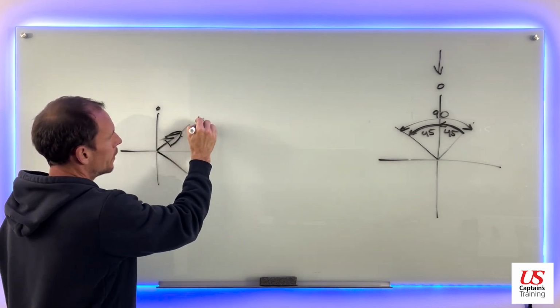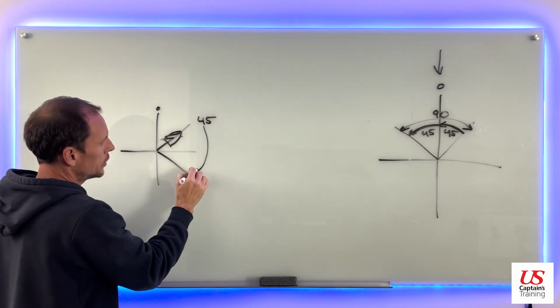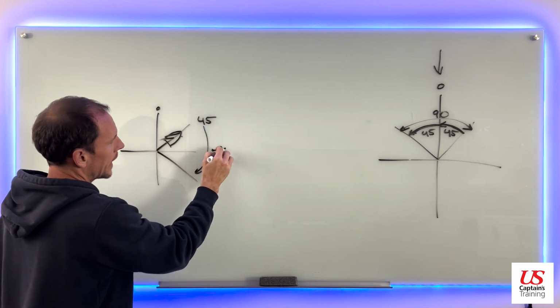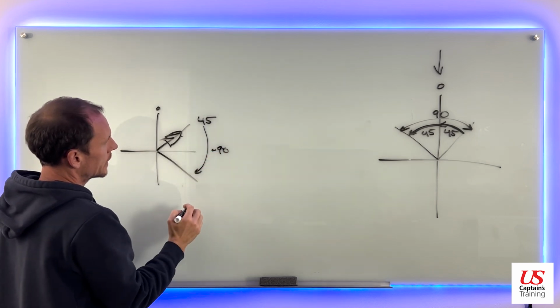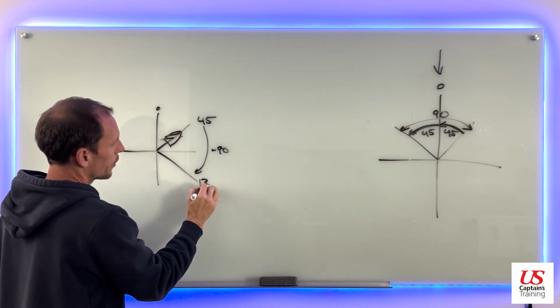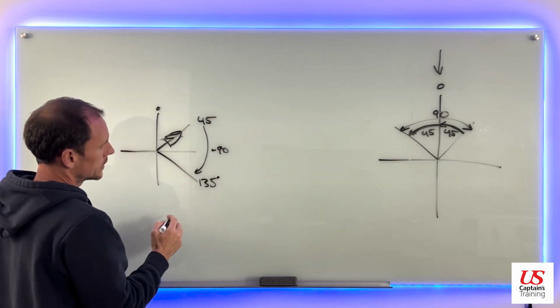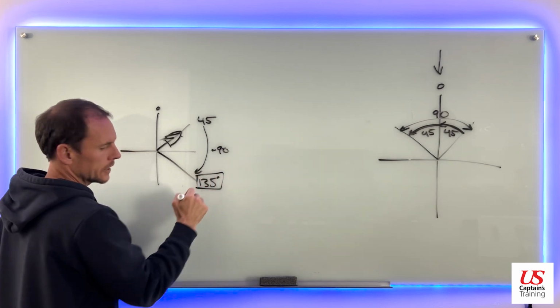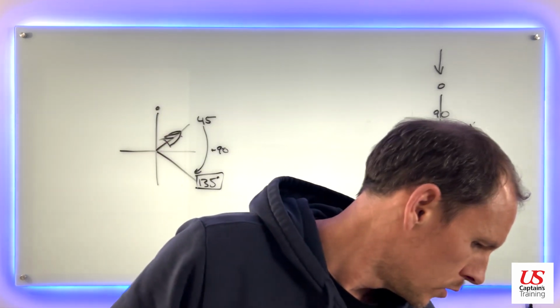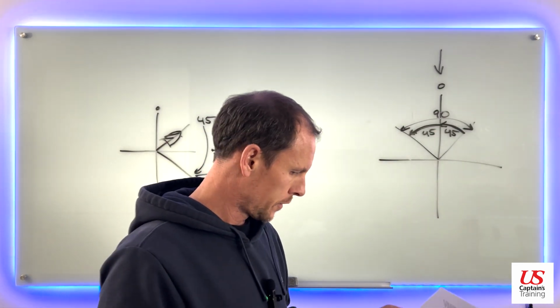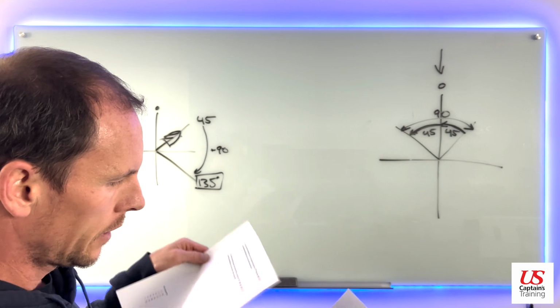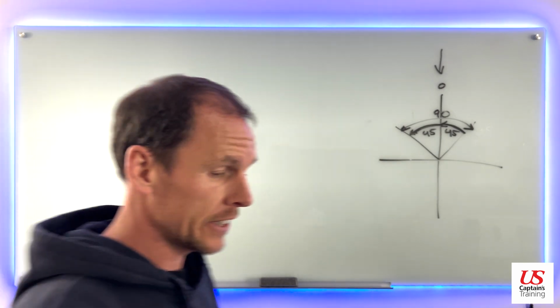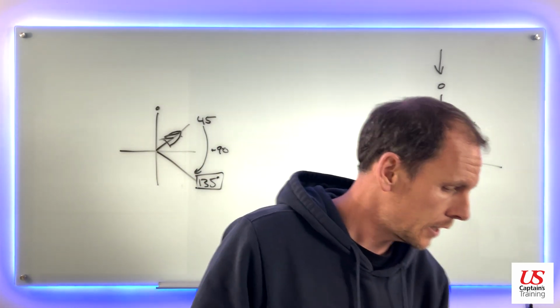So we went from 45 to, we're going to have to add 90 degrees. So my addition says 135 degrees, new course port tack. All right, let's check. 1 is B, and B is 135 degrees. Good start.